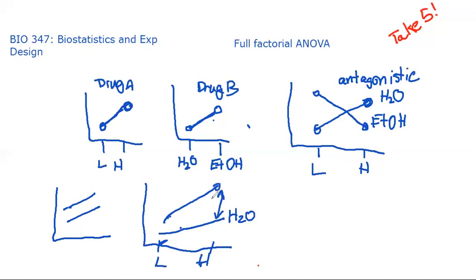But here the magnitude is unexpected. So it's very different from here. Here there's no interaction, so it doesn't matter the effect of ethanol, right, increasing. Doesn't matter if we're in the low dose or high dose. So here there's no interaction, okay? So our main effects are directly interpretable.